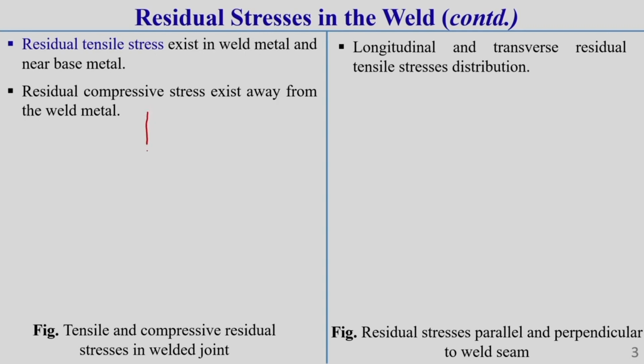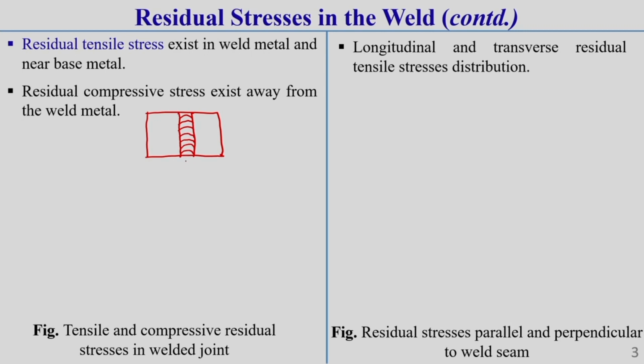Let this be a weld specimen where we did the welding operation, especially for mild steel structures, and I am going to show how the residual stress is distributed in a steel structure.